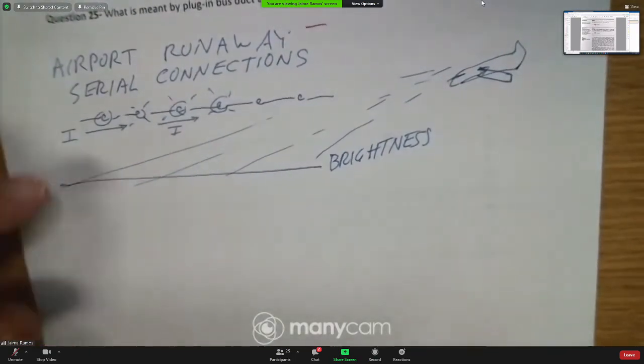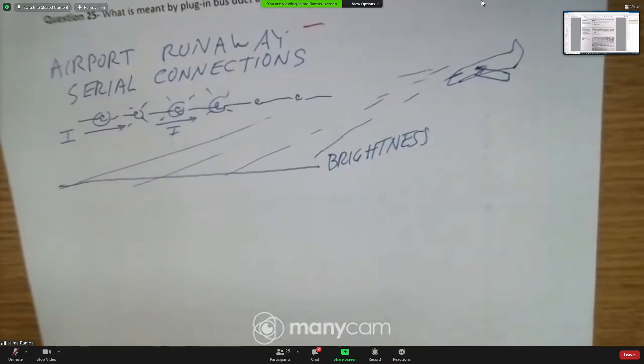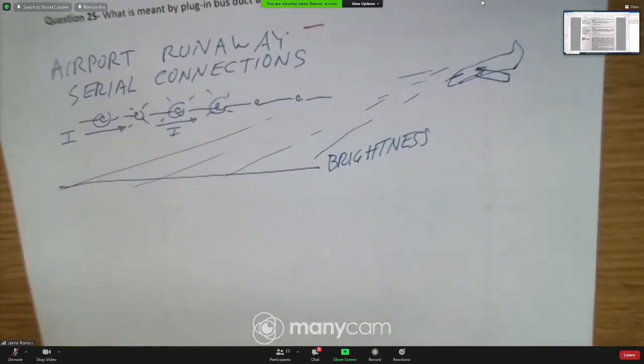So now the lamps are connected in series, not in parallel. Okay, so that's just a curious special case of how airport runways have to be designed.